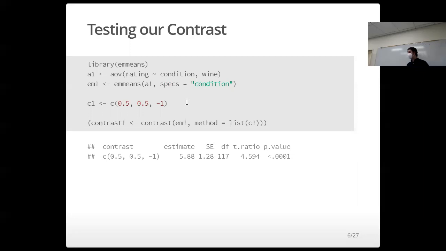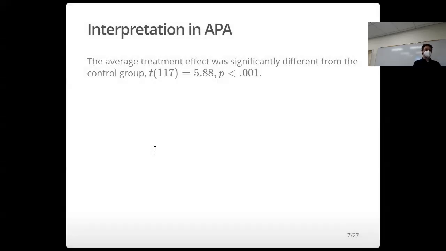The math so far is exactly the same as when we did the pairwise contrast. The only difference is that the contrast is different, but everything that we did on the last slide really applies here, so I'm not going through the step-by-step math again. Here we test our contrast, and we see that our average experimental effect is different from our control group. So that's our result.